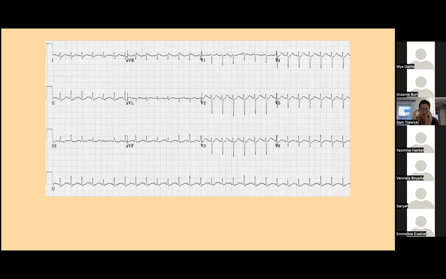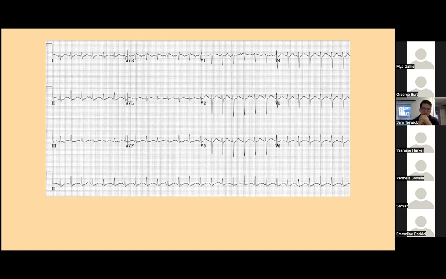No distinct normal P waves. But what is a P wave? What does the P wave mean? It's a bit confusing when you say that. I would just stick to two more than three. But anyway, carry on.